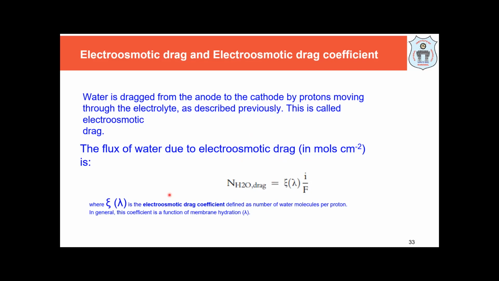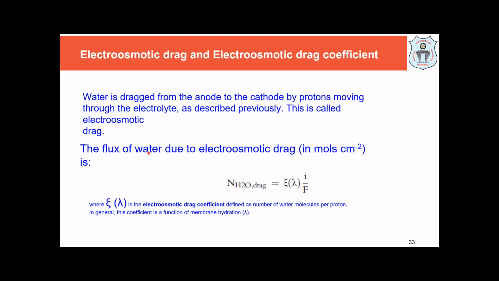The flux of water due to this electroosmotic drag, in moles per centimeter square, is given by N_H2O equal to the function of lambda times I by F, where this function of lambda is the electroosmotic drag coefficient. It is defined as the number of water molecules per proton.